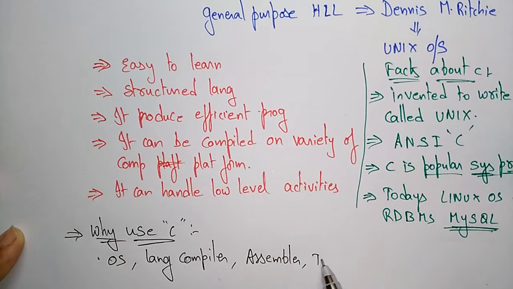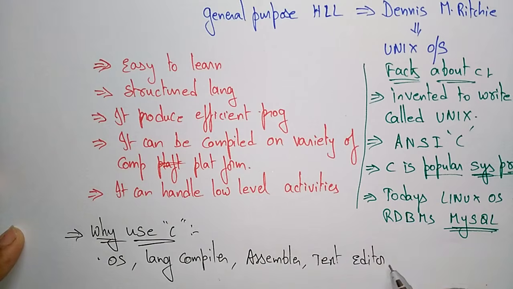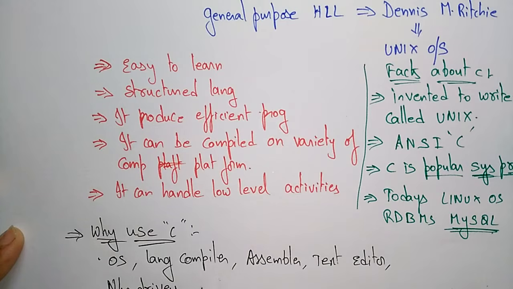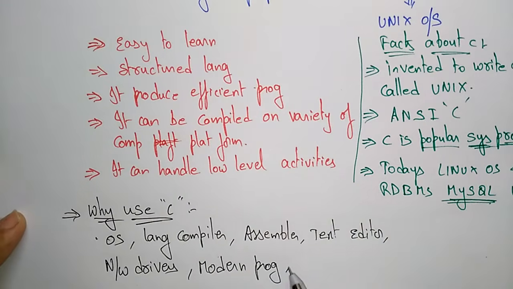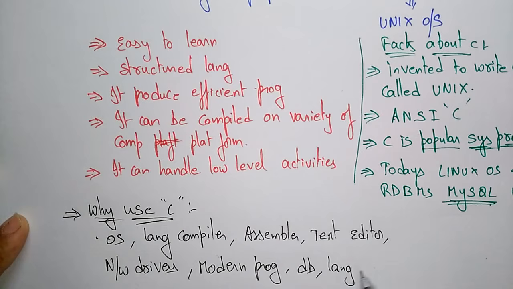and a text editor. The text editor is developed with the help of C, or the network drivers and modern programs, or else databases. I said the databases might be developed using the C language only, and language interpreters.